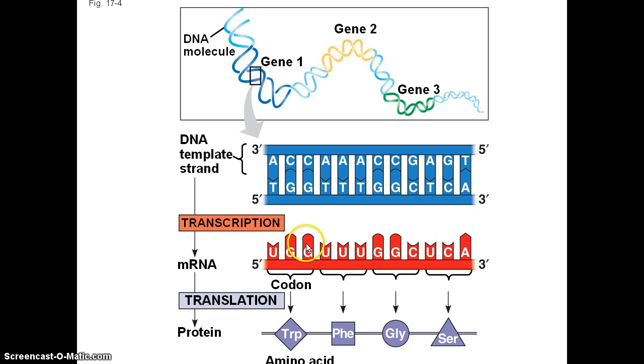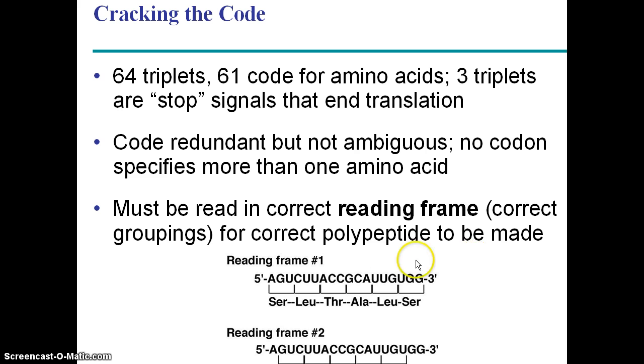Now, if you insert a base, or delete a base, let's imagine we delete this G, then that would make the first codon UG and then U. Well, UGU could produce a different amino acid than UGG. In the same way, if you add a base, like if we added an A here, that would shift the reading frame over. So changing the reading frame almost always leads to deleterious or harmful effects.